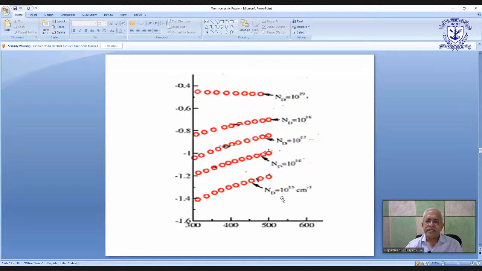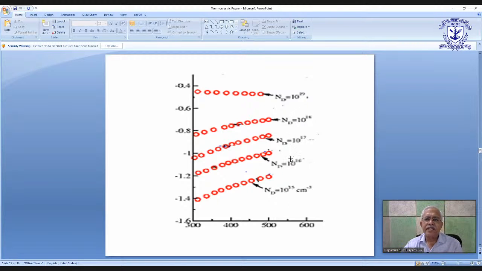The doping concentration is mentioned here. This doping concentration gives us an idea about the possible conduction electron concentration in the conduction band. So we can take this number to be the density of the electrons in the conduction band for N-type semiconductors. The lowest value mentioned here at the bottom is 10 to the power of 15, then next we have 10 to the power of 16, then 10 to the power of 17. So the conduction electron density is increasing upwards.